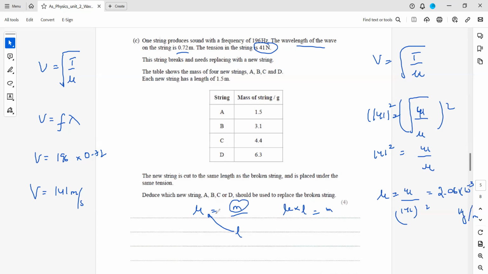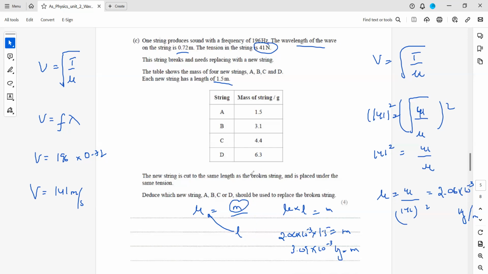Each string length is mentioned, it is 1.5. So mu, which we worked out as 2.06 times 10 to the power minus 3, multiplied by the length of the string, which is 1.5. When we multiply, we get the mass, which is 3.09 times 10 to the power minus 3 kilogram. So this mass is in kilogram.